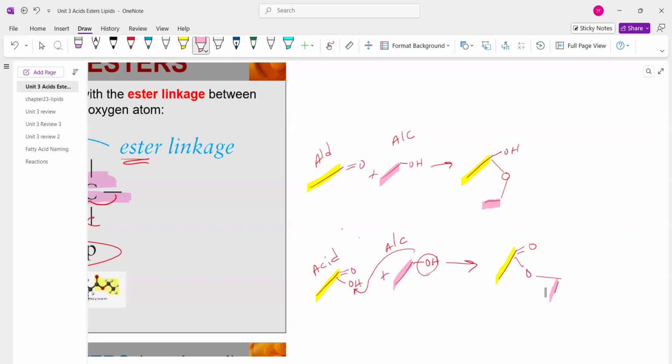So it's analogous to the last chapter's aldehydes and ketones interacting with an alcohol. We just get a slightly different endpoint because we started with an acid rather than an aldehyde or a ketone.